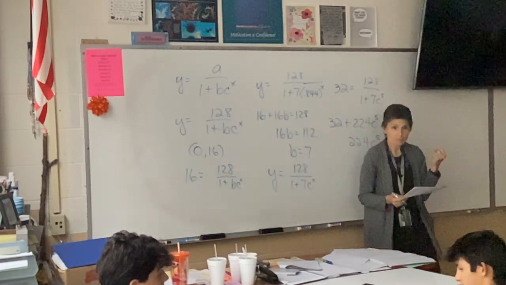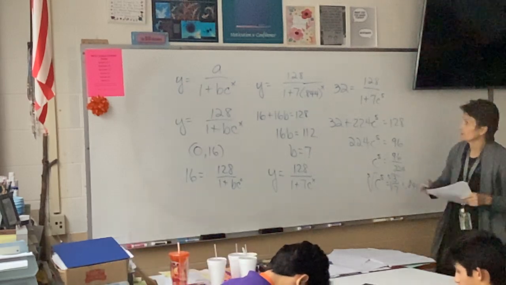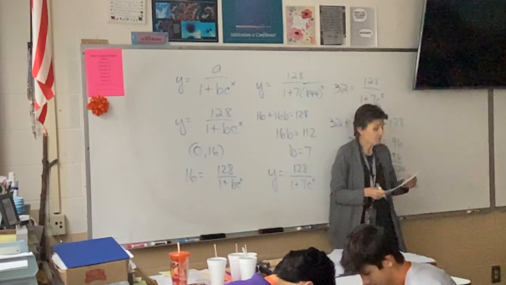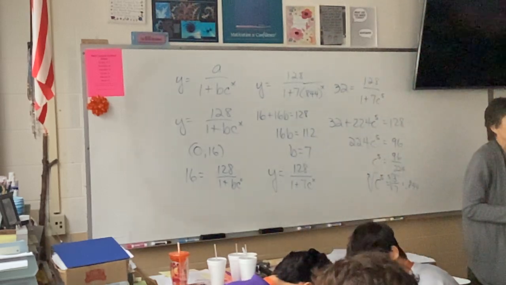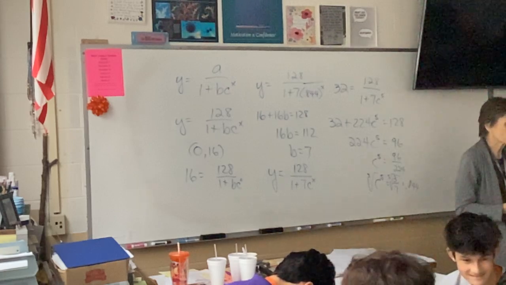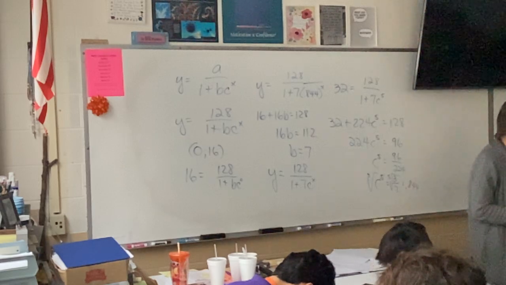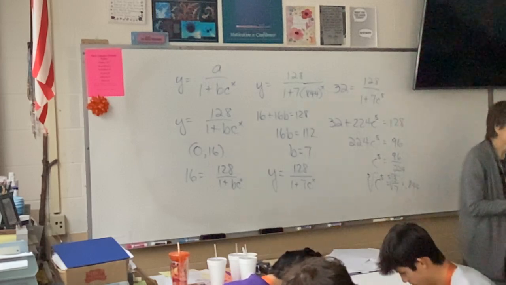You're finding the equation of the logistic function, given the information that you've been given in the problem. We're gonna get this done, and as soon as we get it done, I'll stop talking.